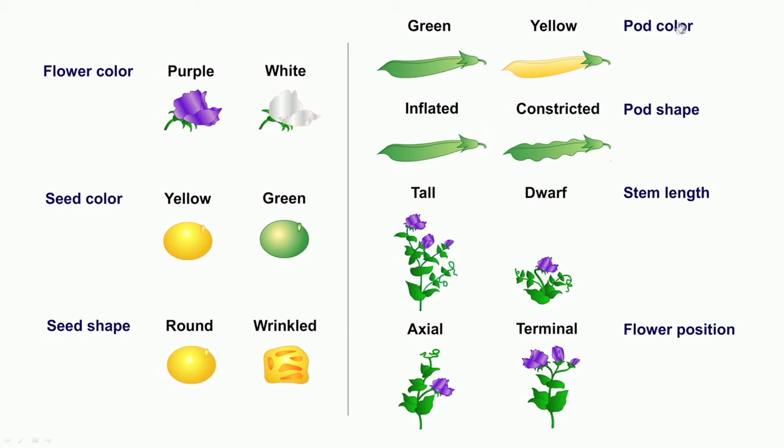The pod color could either be green or yellow, the pod shape could be either inflated or constricted, the stem length could be either tall or dwarf, and the flower position could be either axial or at the end, terminal.